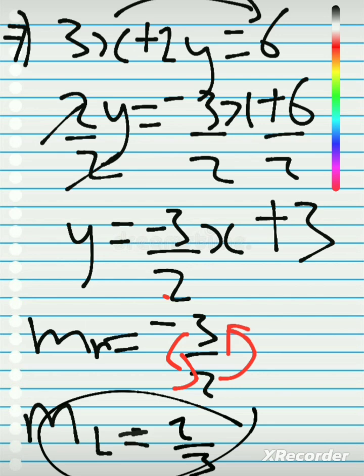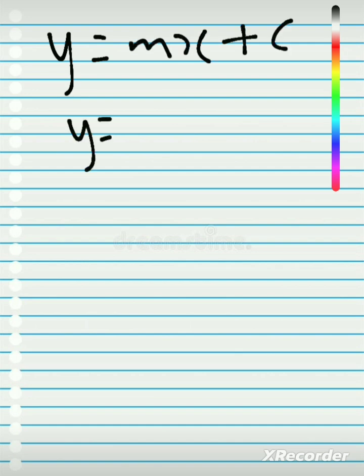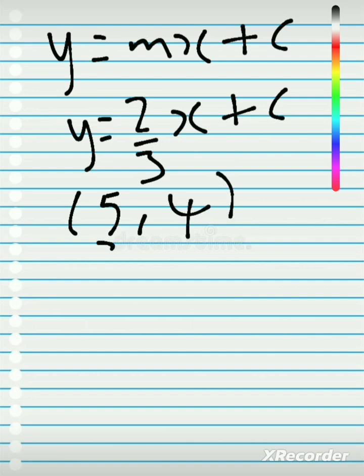Now that we know the gradient of line L, let's find the equation of line L, because we know that line L passes through (5, 4). So we're going to say y is equal to mx plus c. So y is equal to the m, we got 2 over 3 x plus c. We know it passes through (5, 4). So this is x, this is y.